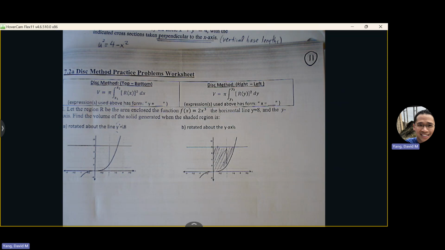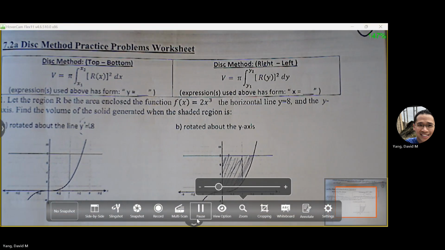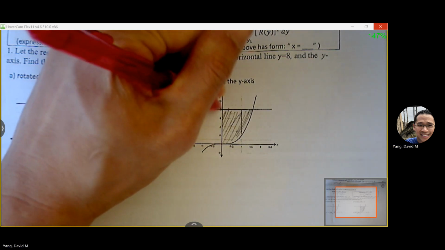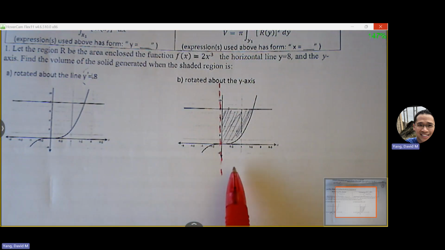Okay, we're rotating this about the y-axis. So your dotted line will go right up against the y-axis. Okay, disk method or washer method.